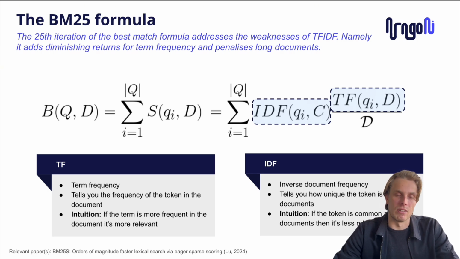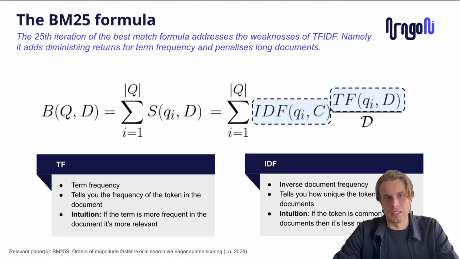Now that's the classic TF-IDF approach, but there are some weaknesses here. Firstly, there is no penalty for term frequency, or diminishing returns for term frequency. And that means we can do things like keyword stuffing. If you just put a lot of the keyword in the document, then the scoring algorithm with just TF-IDF is going to continue to provide a higher score, holding everything else constant, which is probably not exactly what you want.